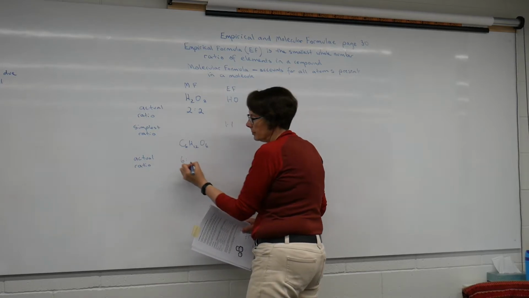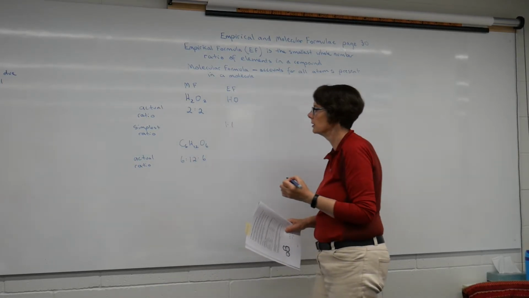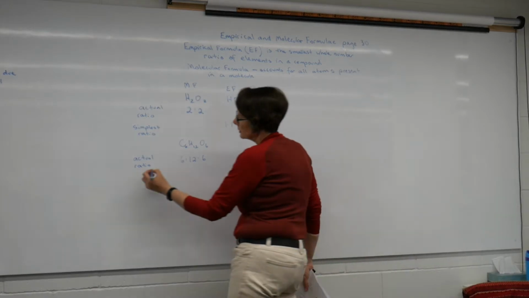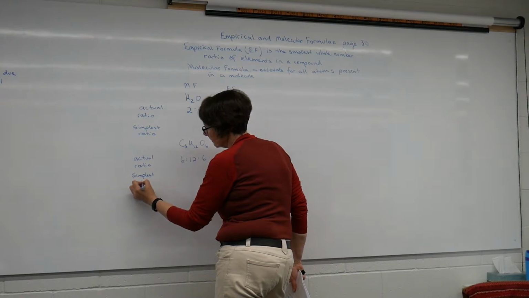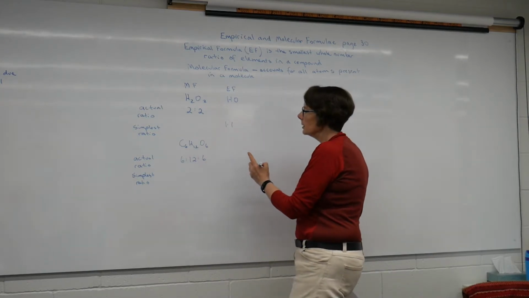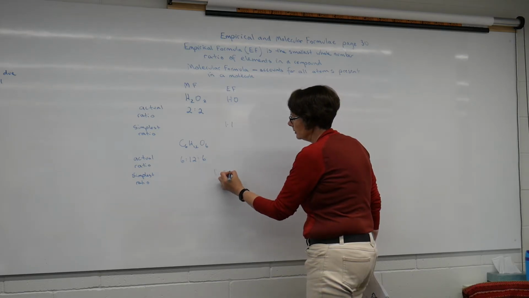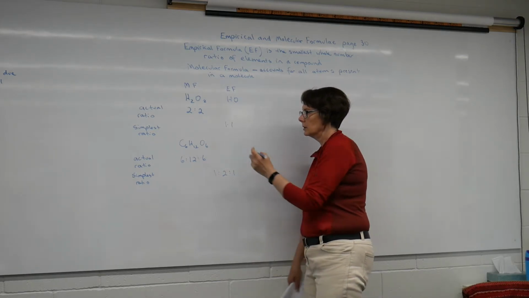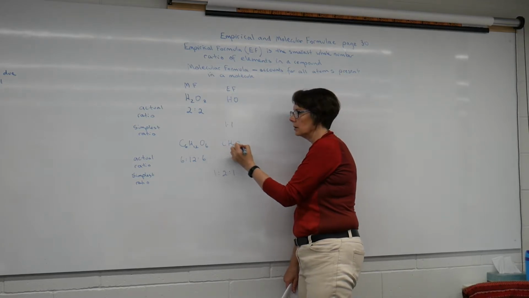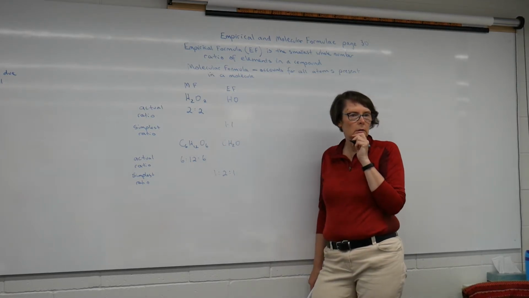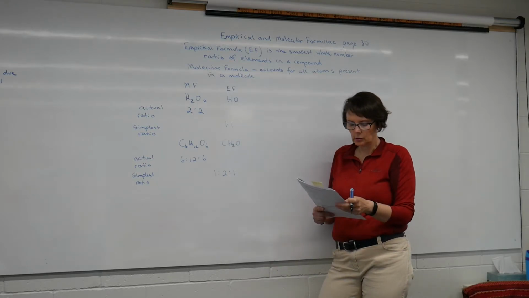We've got 6 carbons to 12 hydrogens to 6 oxygens, which means that in the empirical formula, the simplest ratio is going to be 1 to 2 to 1. So our empirical formula would be CH2O. Does that make sense? Right, that's good.